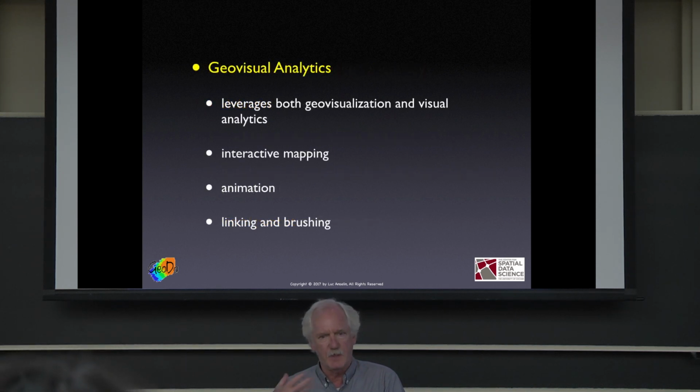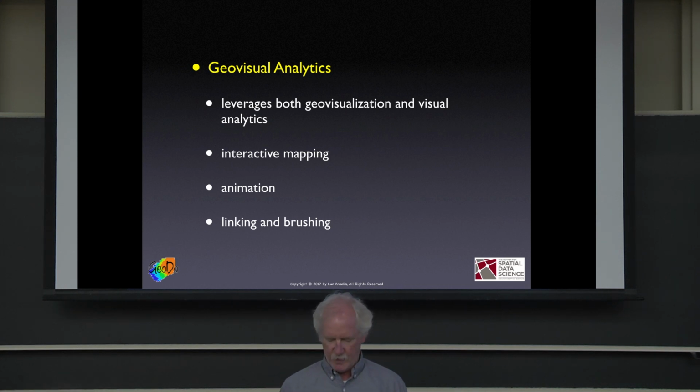Geovisual analytics fits into this. It combines concepts and techniques like dynamic graphics, brushing and linking from visual analytics, and then brings in the map as one way to interact with this. We'll see examples of this in the lab. We'll have interactive mapping, animation, linking, brushing.